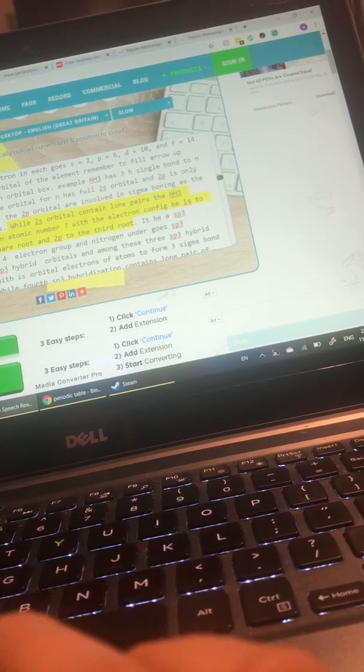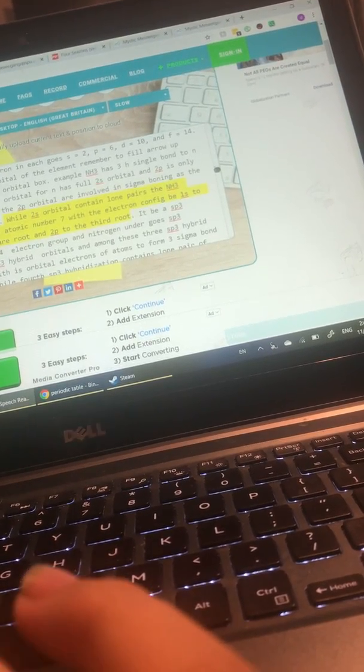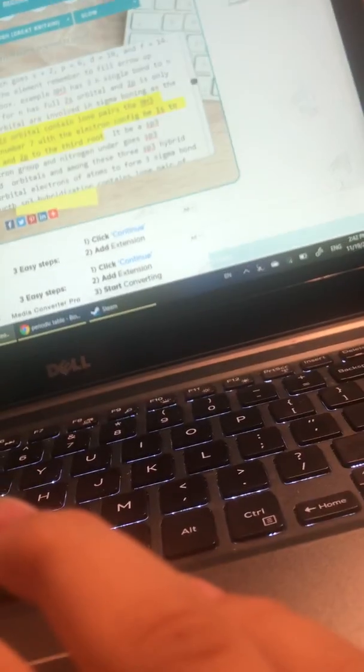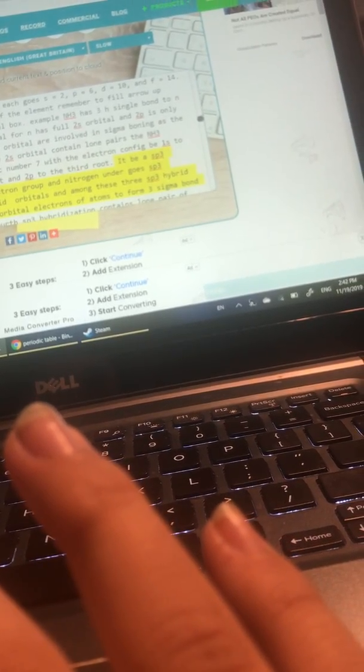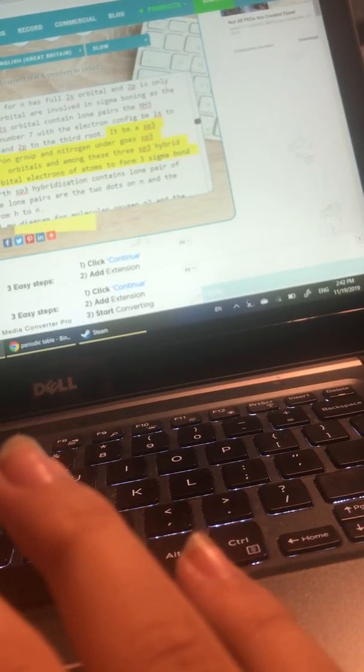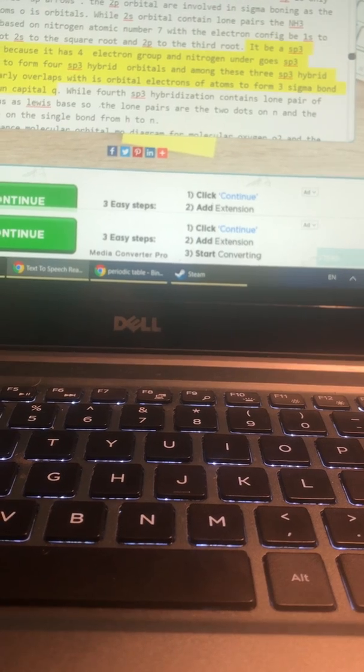The NH3 structure is based on nitrogen atomic number 7 with the electron configuration 1s2, 2s2, and 2p3. It is sp3 hybridization because it has 4 electron groups, and nitrogen undergoes sp3 hybridization to form 4 sp3 hybrid orbitals.